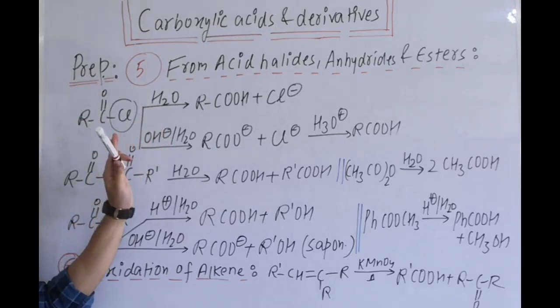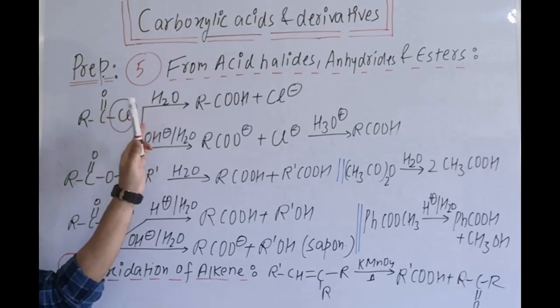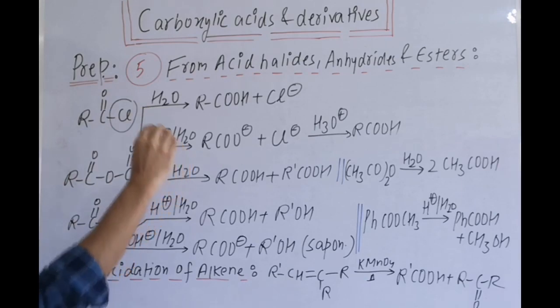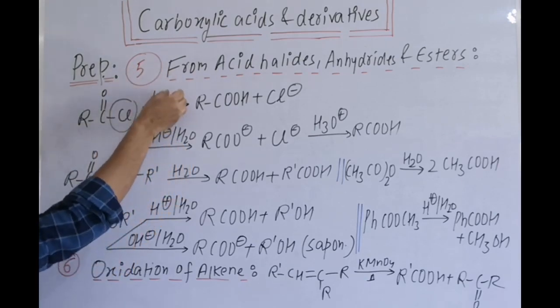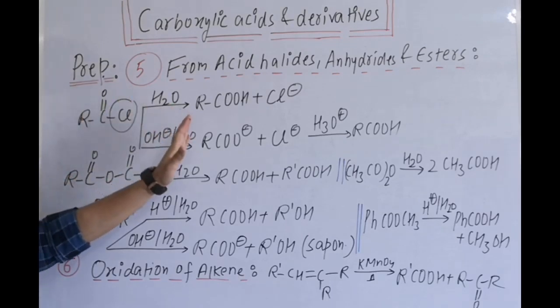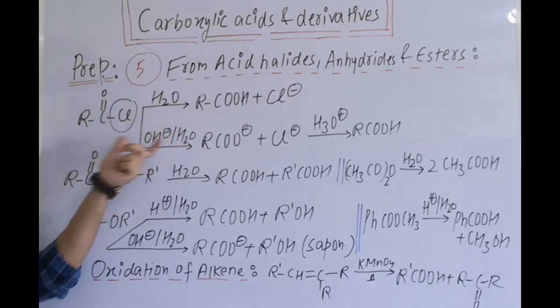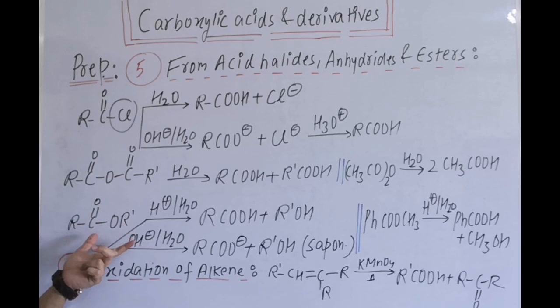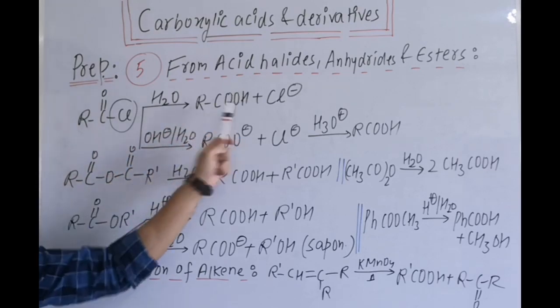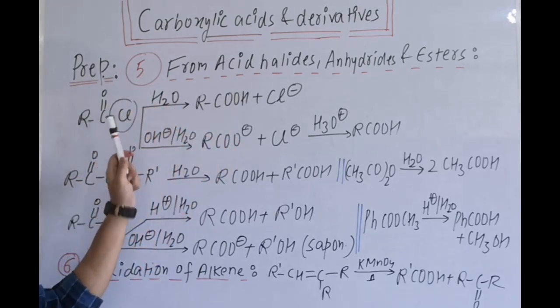You can simply say it is nucleophilic acyl substitution. In simple language, Cl is substituted by a nucleophile, which is OH here, and here also OH. So finally, if hydrolysis is done, RCOCl or anhydride or esters give carboxylic acid along with other byproducts, like here Cl minus leaves and OH comes from water.